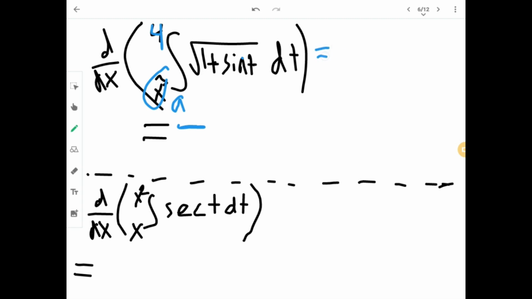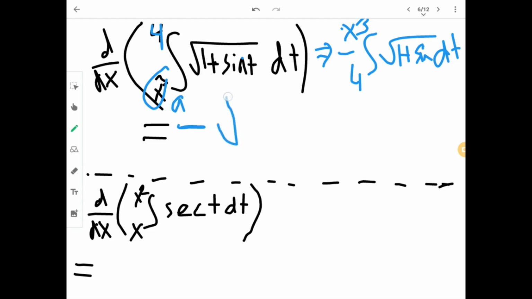So then it becomes minus integral of 4 to x cubed of root 1 plus sine t dt. Okay, so now you put it in the proper way, it's a minus, and then all you have to do, according to the first fundamental theorem of calculus, is just plug x cubed in, and the constant doesn't matter.